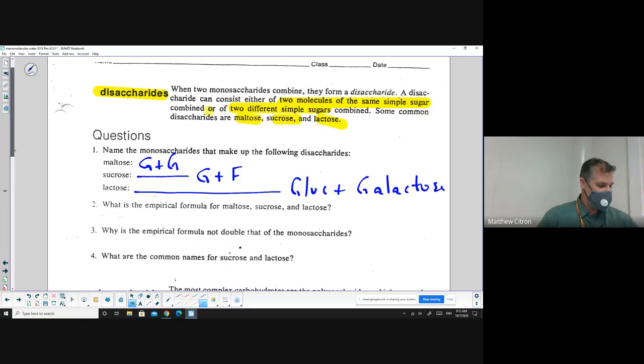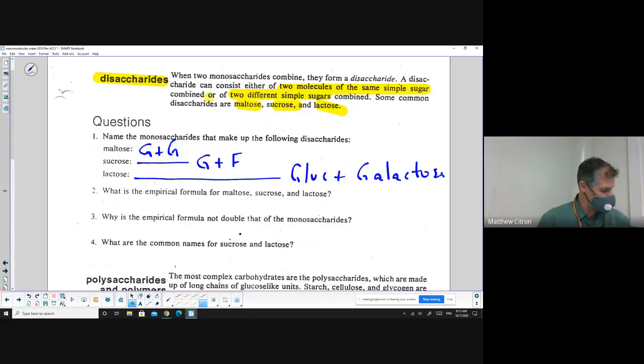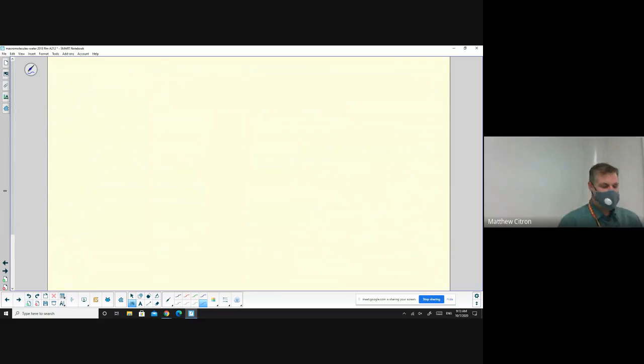All right. So the empirical formula for maltose, sucrose, and lactose. To do this, I need to do a little bit of molecular math. Who's feeling pretty smart right now? What is the empirical formula for a monosaccharide?